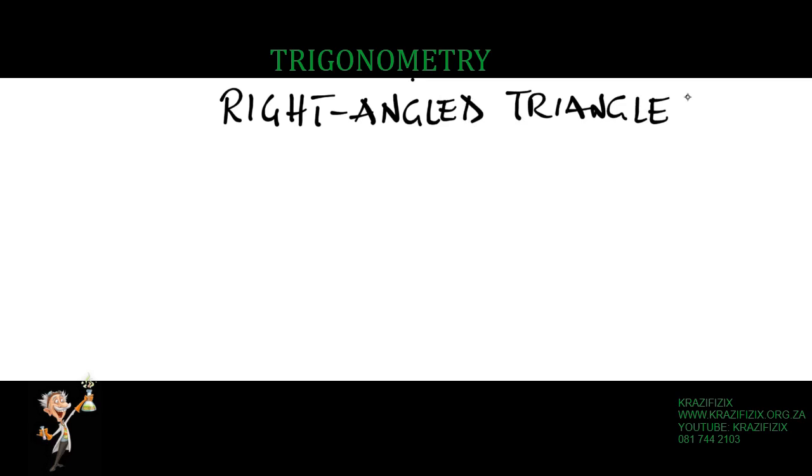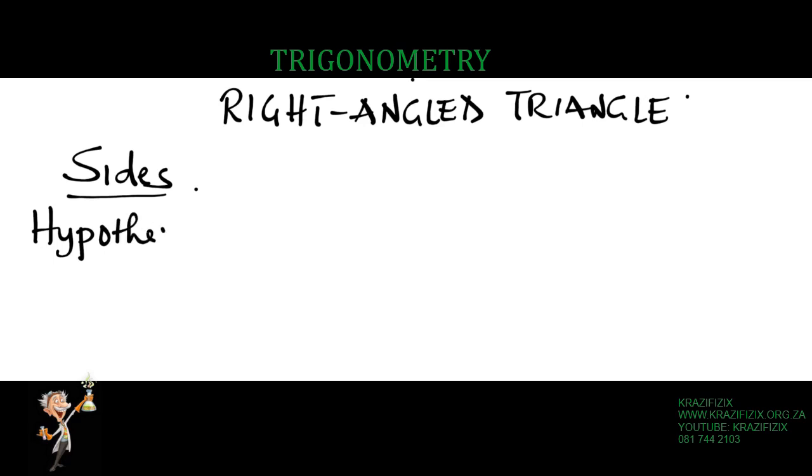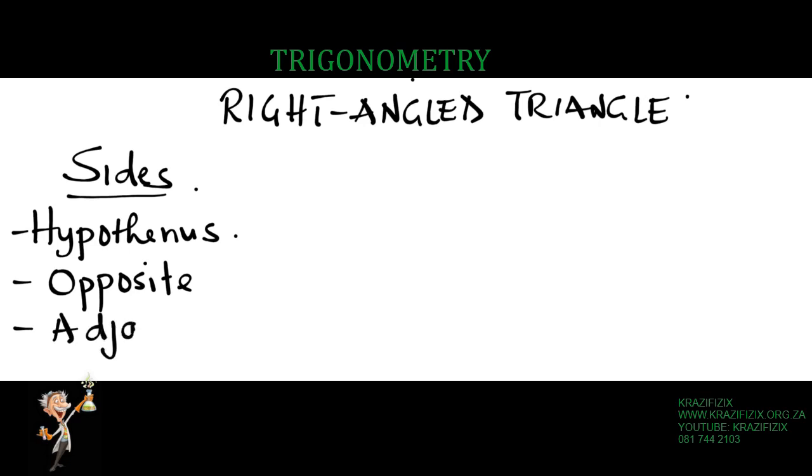Before we go on, there are certain words we need to get accustomed to. We are going to talk about the sides. From previous grades, we know we have a side called the hypotenuse. We're going to introduce a side called opposite, and we are going to use the third side as adjacent.